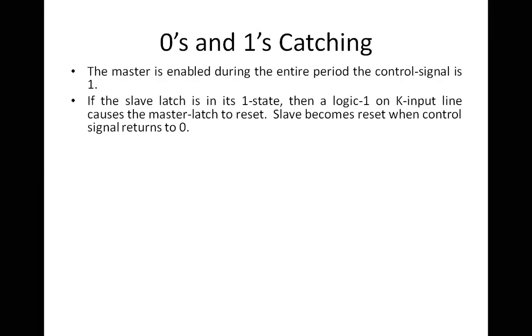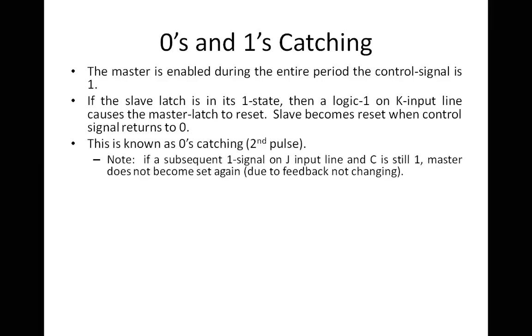So when C bar is given to your slave, 0's bar is 1, so your slave is enabled. So this is known as zero catching. Which means in the second pulse, the value 0 which is passed to the master, and when 0 is passed to the slave, it's called a zero catching.